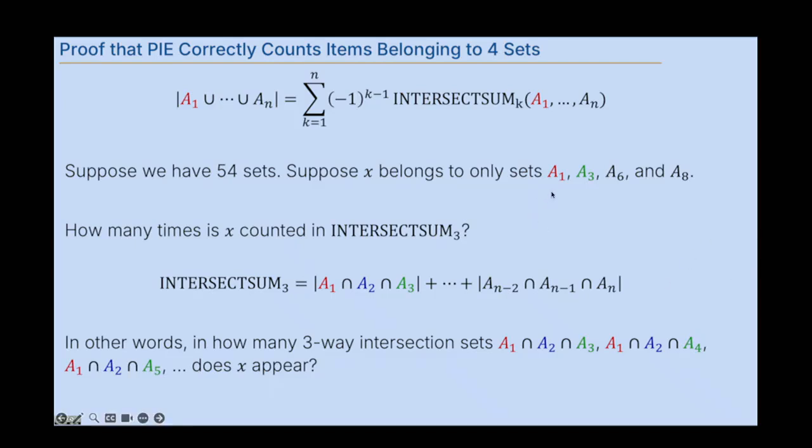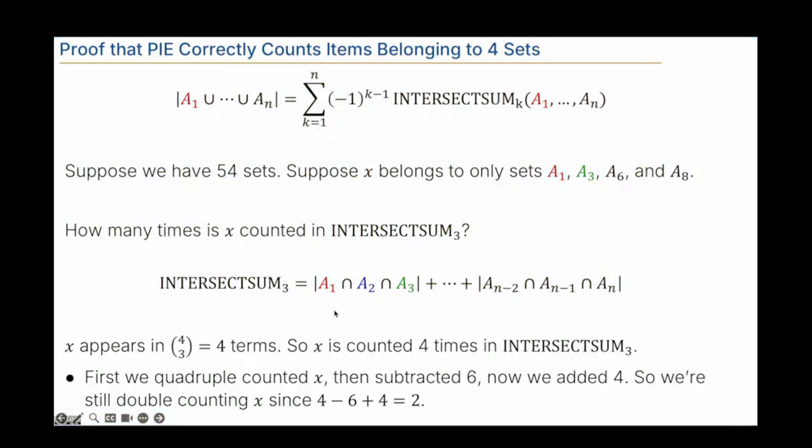A1. A1 intersect A3 intersect A6. Indeed. And so it belongs to exactly 4 sets, because there's 4 different ways to leave out one of the items, or 4 different ways to pick 3 of them. So x is counted 4 times in intersect sum 3. So we started with 4, then we subtracted 6, then we added 4. So we're still double counting x.